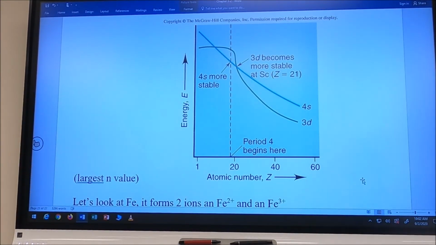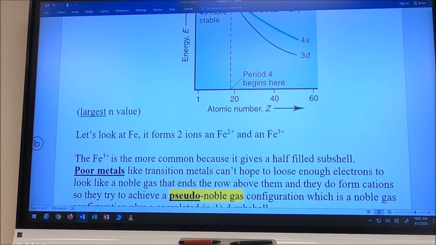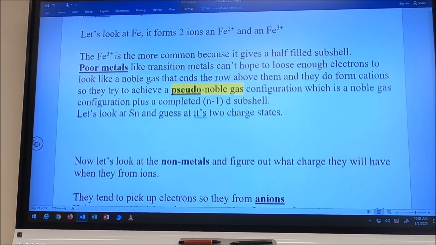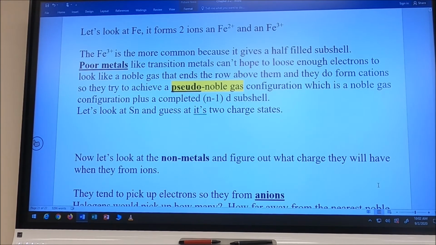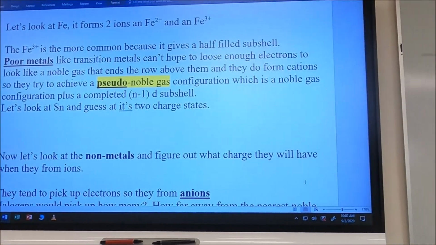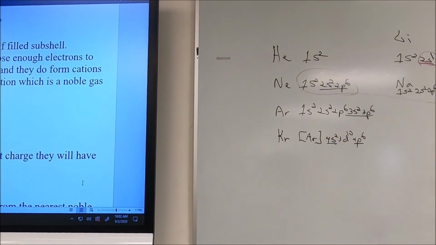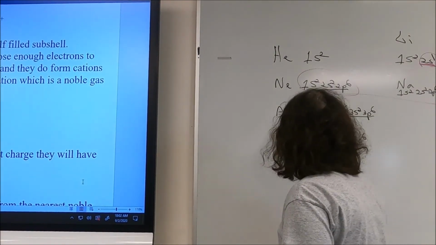Now, let's look at iron as kind of a poster child here. Iron has a tendency to form 2 ions: a 2+ ion where it loses 2 electrons, and a 3+ ion where it loses 3 electrons.